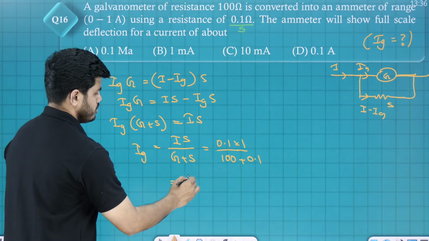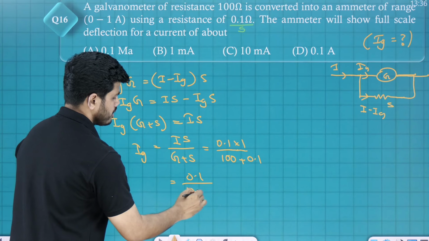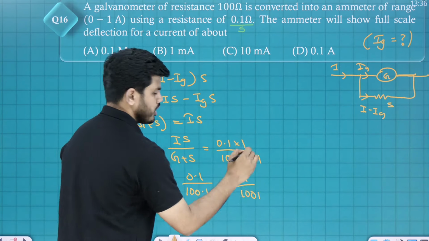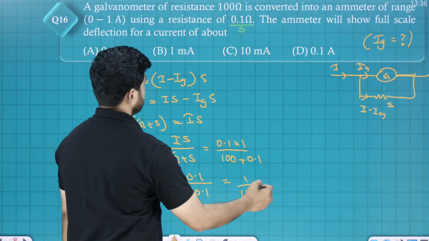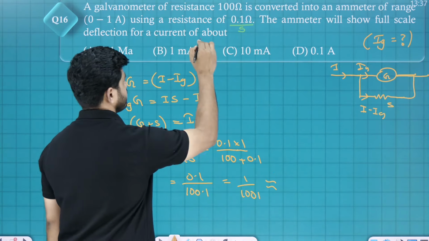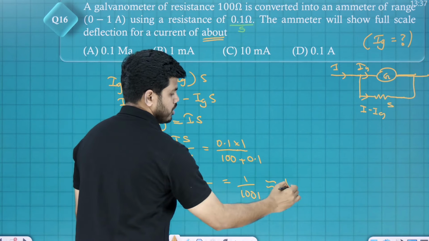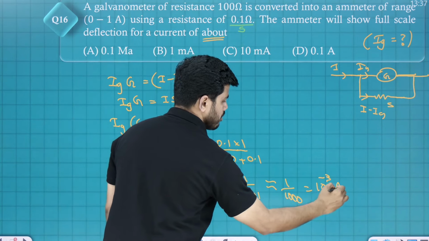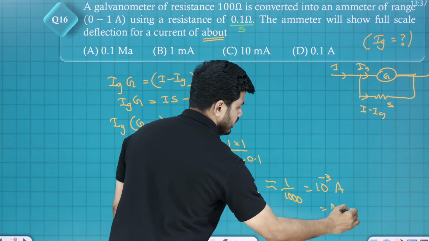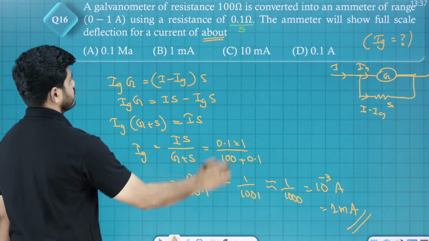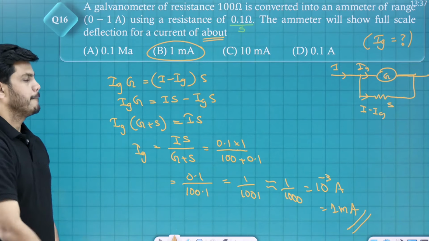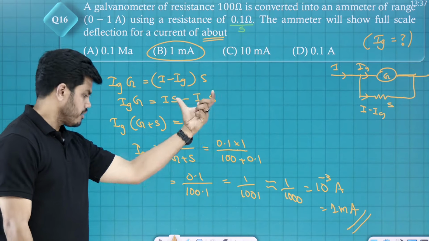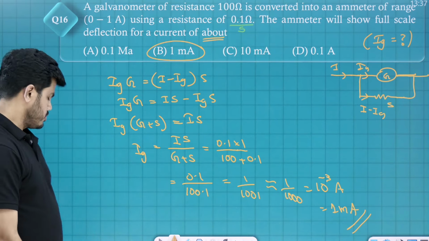So it is going to be 0.1 divided by 100.1, or we can say it is 1 by 1001, approximately 1 by 1000. 1 by 1000 is nothing but 10 raised to minus 3 ampere, which is 1 milliampere. Yes, so option B is the correct answer. All right. It is a direct question, we only have to substitute the values given in the question.